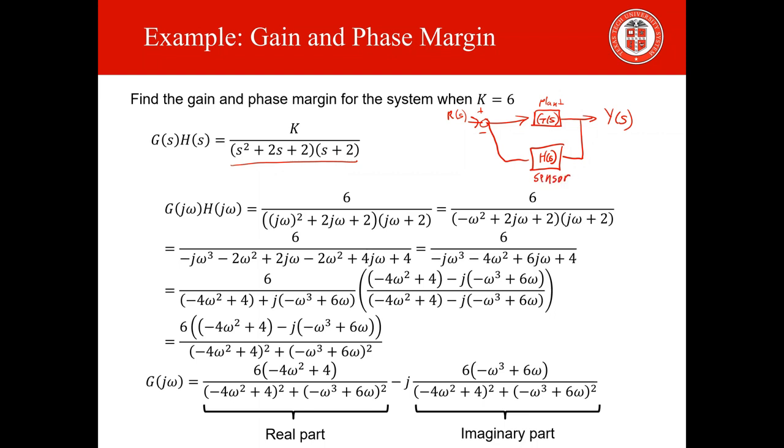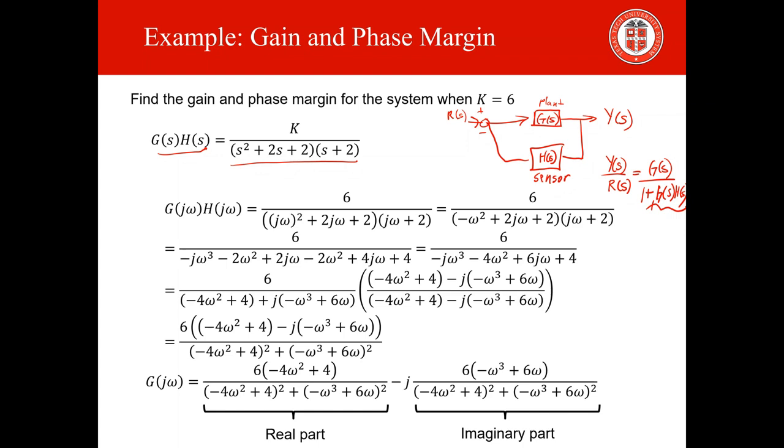Okay, so this is our G of S times H of S, and this again has to do with the closed loop transfer function Y of S over R of S, which again is G of S divided by 1 plus G of S times H of S. So this is where this G of S times H of S is coming from.